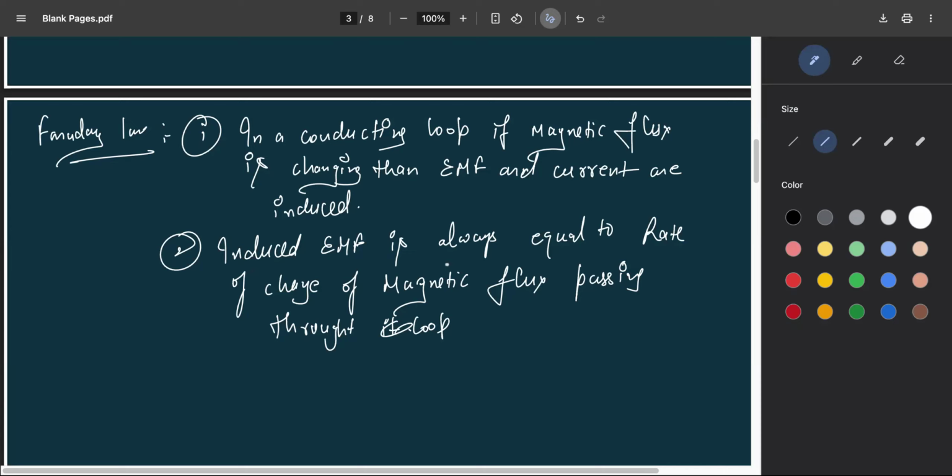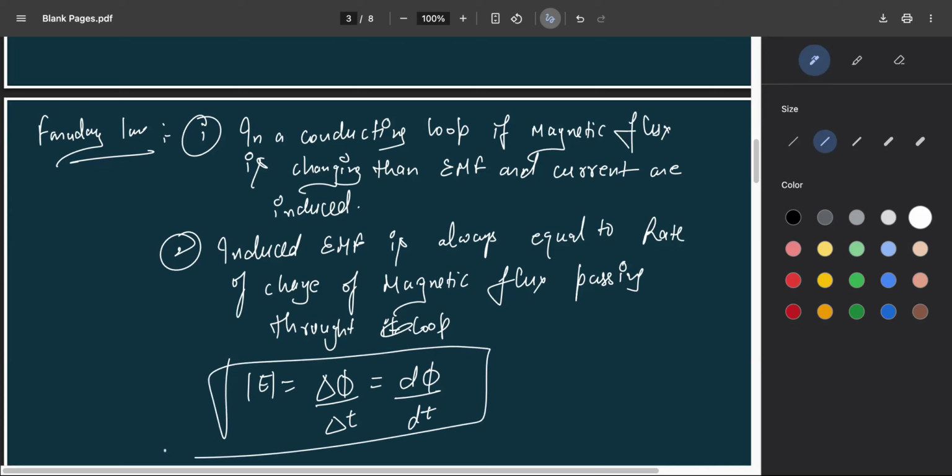Look, it's not equal to flux, it is the rate of change of flux. We don't know the direction now, so I'm just keeping the magnitude. EMF is equal to the change of flux divided by the change of time, which can be written further as d phi by dt. Understood? This is the EMF coming out. Is that clear?